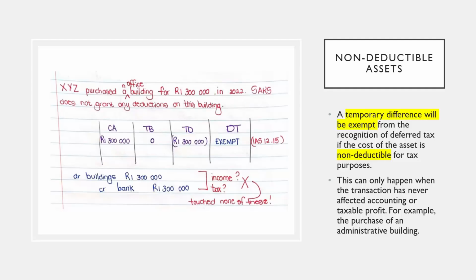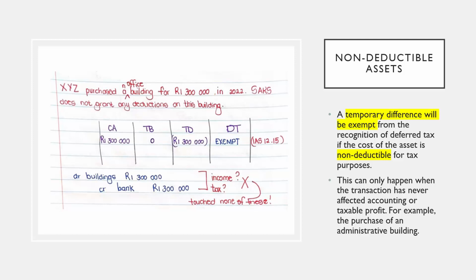Now the last one I'm going to do is non-deductible assets. With non-deductible assets, IAS 12.15 and IAS 12.24 speak about non-deductible assets and liabilities. But for your testing purposes, just know IAS 12.15. A temporary difference will be exempt from the recognition of deferred tax if the cost of the asset is non-deductible for tax purposes.